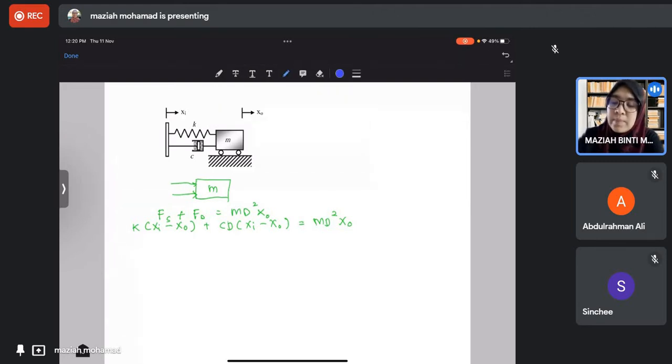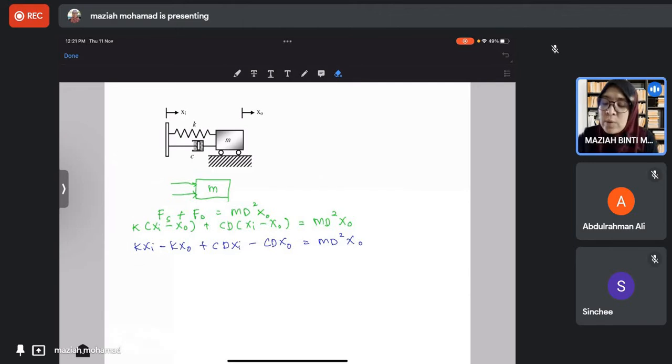So let's say we have k xi minus k x naught plus c d xi minus c d x naught equal to m d squared x naught. We're going to put the output on the left side and the input on the right side.